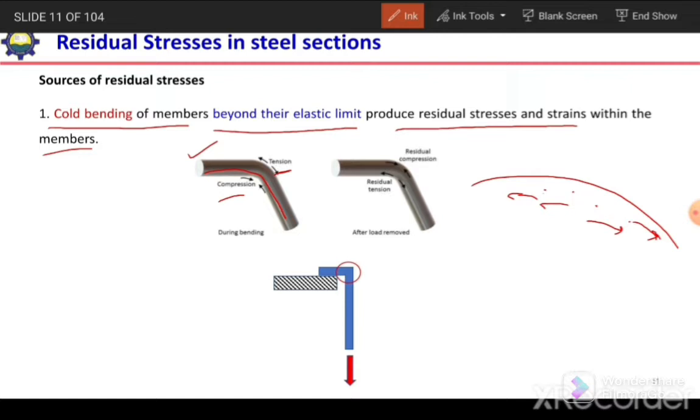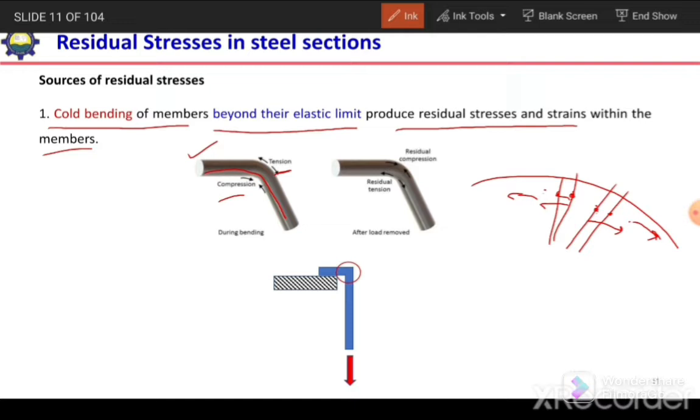During bending, this portion of the section undergoes plastic deformation, or goes beyond its elastic limit. So these particles will be displaced from this point up to this point, and they have gained their new position.